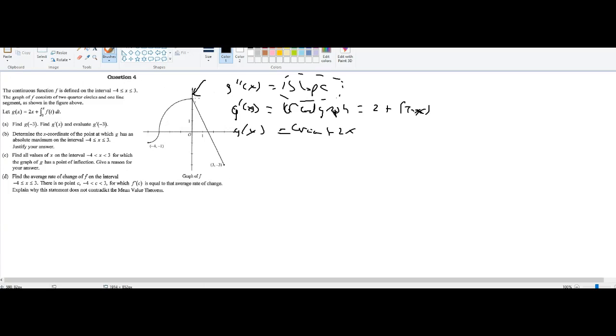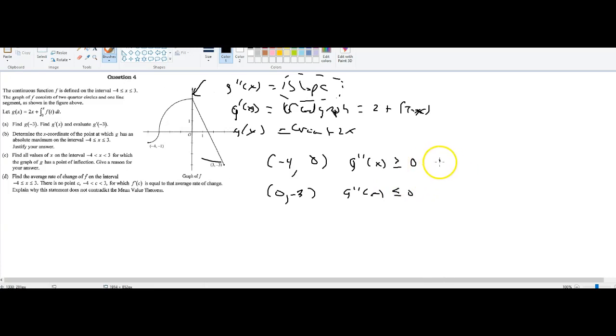So you would say something like, from -4 to 0, not including those two, g double prime of x is greater than or equal to 0. And then from 0 to 3, g double prime of x is therefore less than 0.